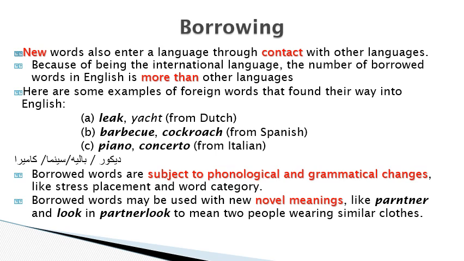Because of being the international language, English is regarded as having the highest number of borrowed words, because English is the most important international language, and all people of the world are going to use it.